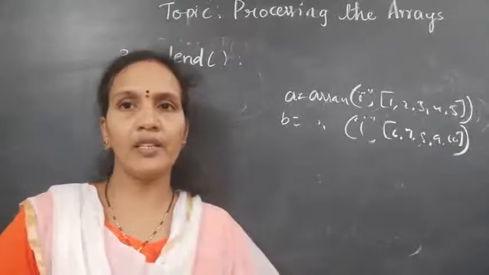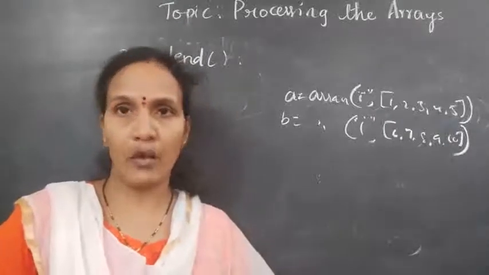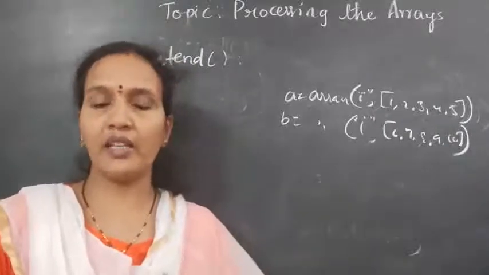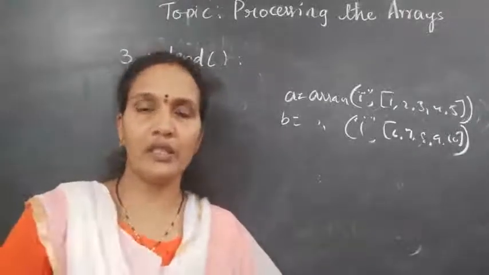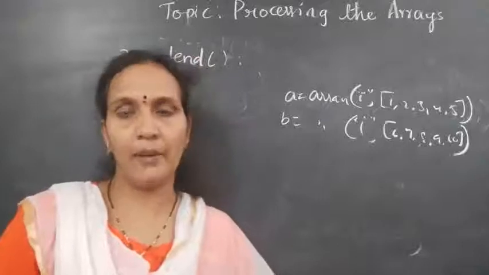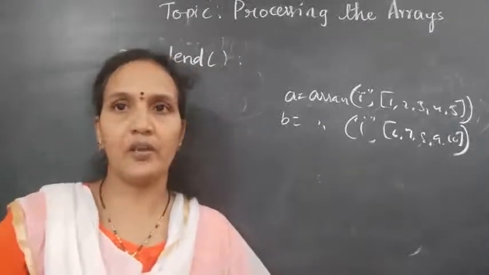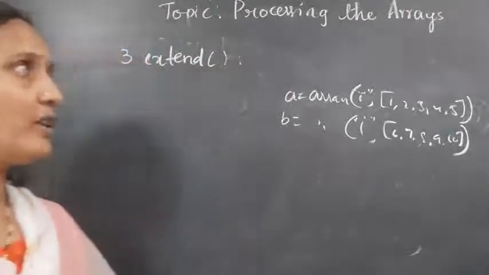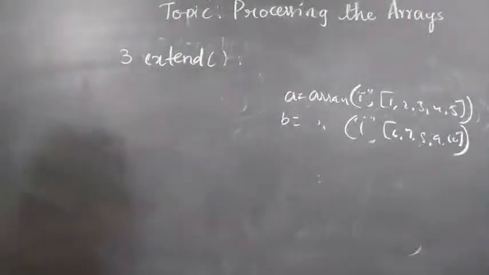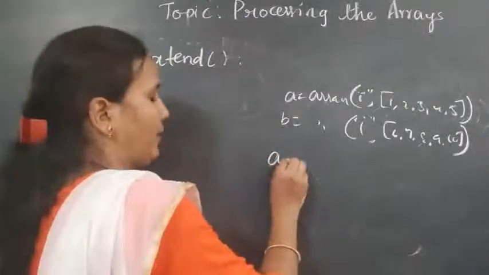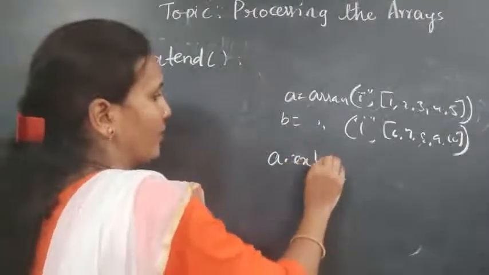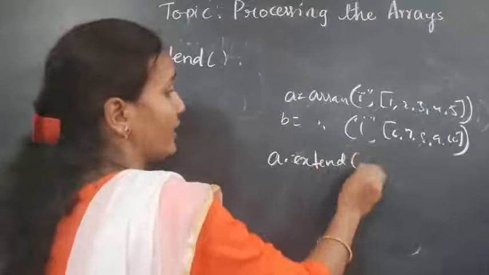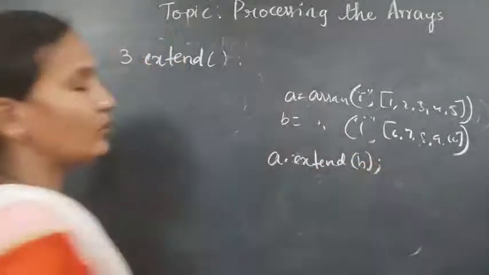Then what I am doing is I am extending array 1, which extended means how it is extended. The second array is joined at the end of the first array by using the extend method. Okay, so how it will be added is like this. A extend B. Then what happened?